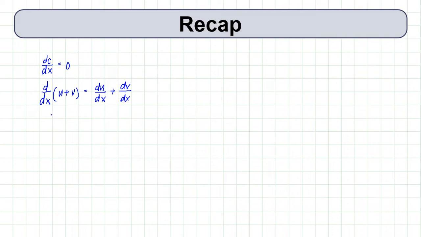Then we also discussed the derivative of a product, or the product rule. That is the first function times the derivative of the second function plus the second function times the derivative of the first function. Then fourth is the quotient rule. Let's say u over v, where u and v are functions of x.